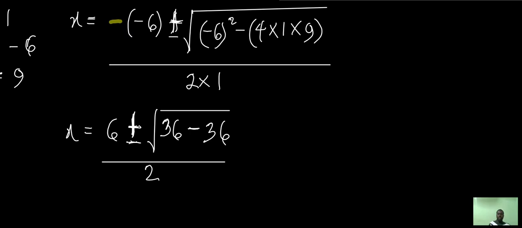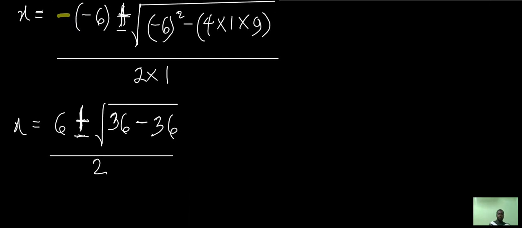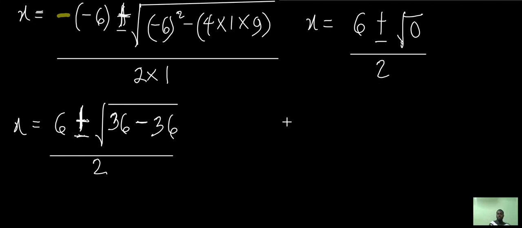So we have x equals 6 plus or minus square root of 0, all divided by 2. Square root of 0 is 0, divided by 2.